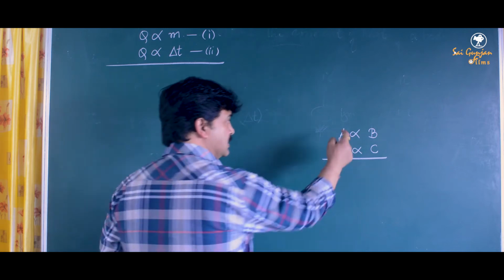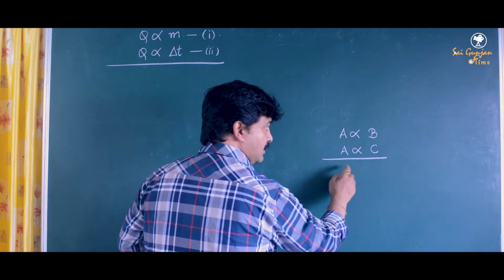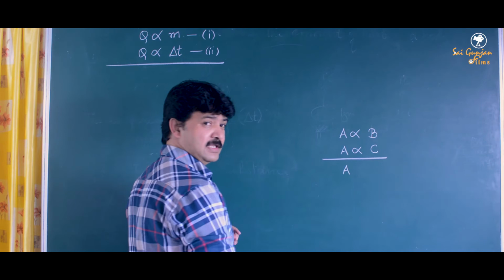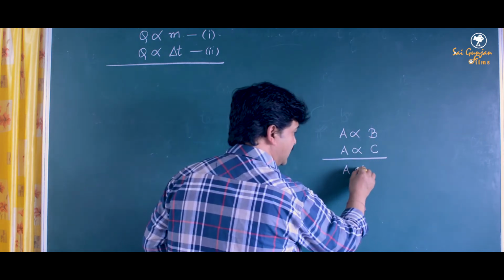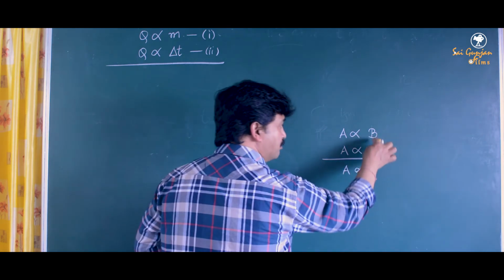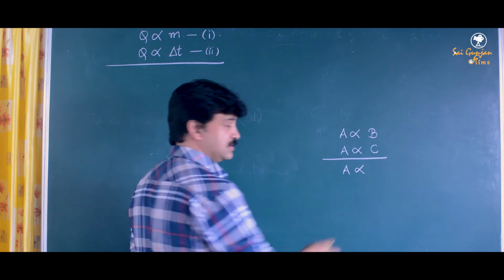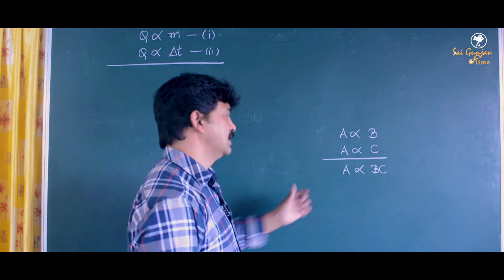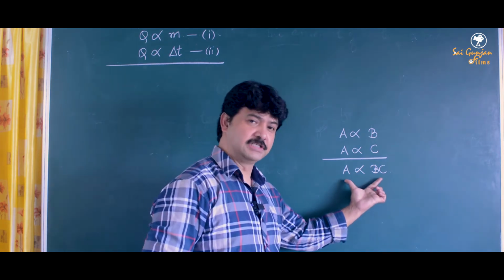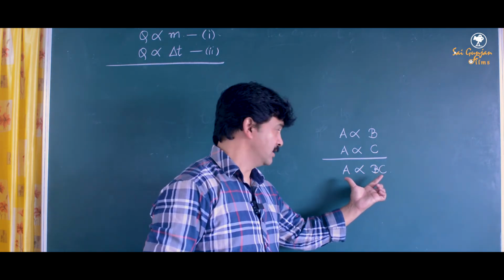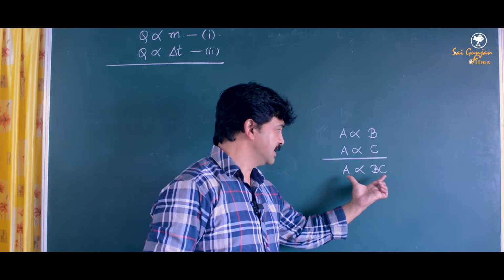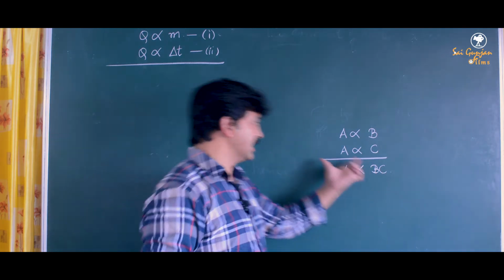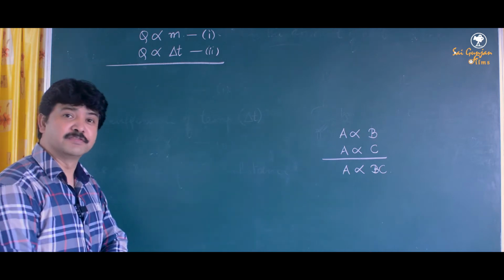So A and A will not make 2A or A square, we write A only. And proportional remains as proportional, and we multiply these two, so B into C. This is called the theory of joint variation, and we'll be using this particular concept in so many cases in physics, and this is one of those cases.